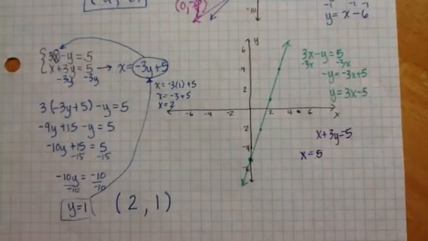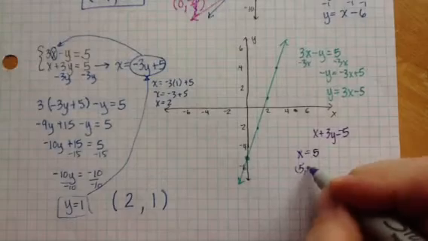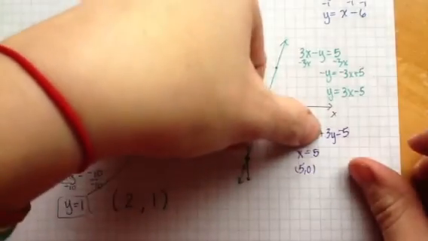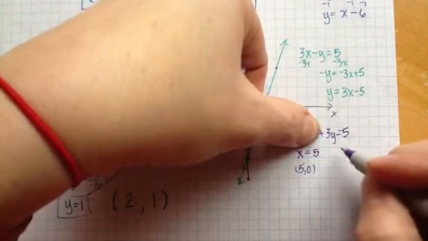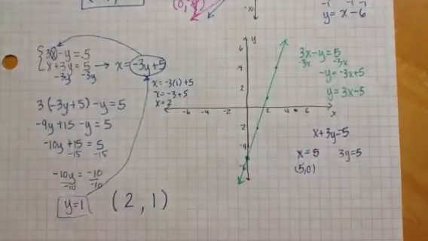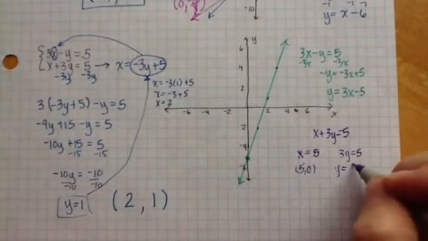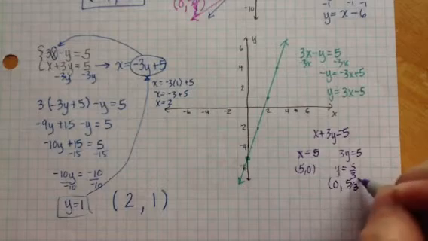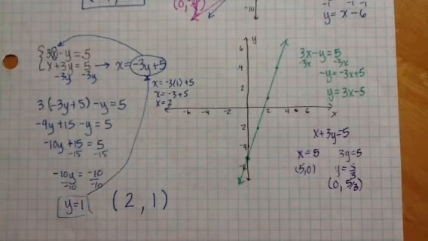So my x-intercept will be at 5, 0. And if I cover up or blot out the x, that gives me 3y equals 5. Dividing by 3 gives me y equals 5/3. So 0, 5/3 is my y-intercept.